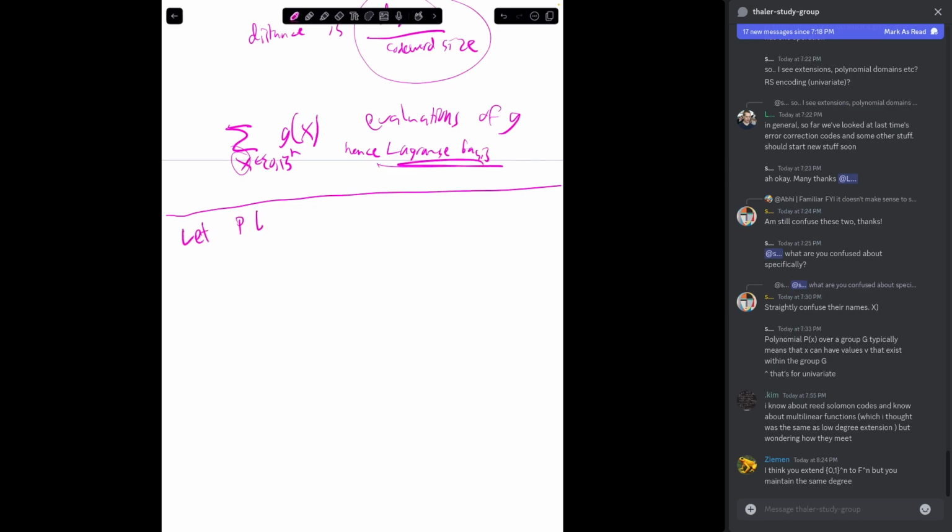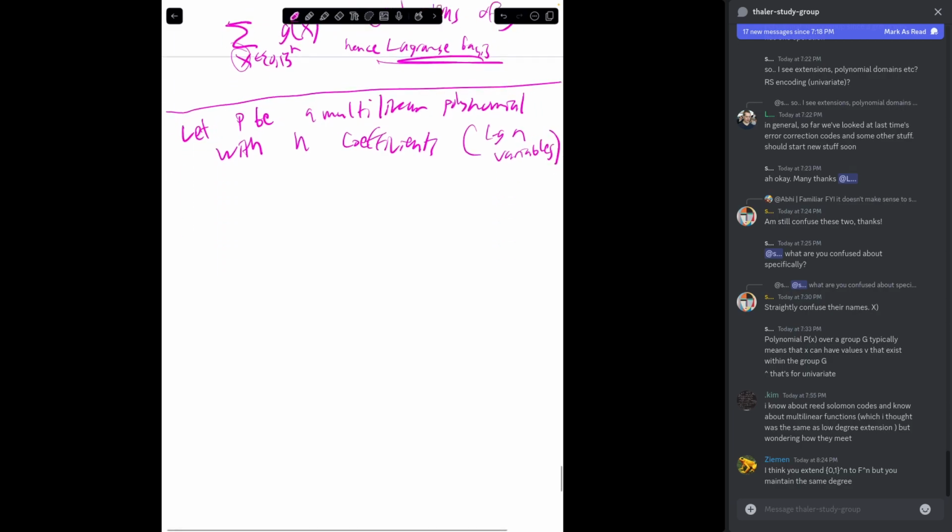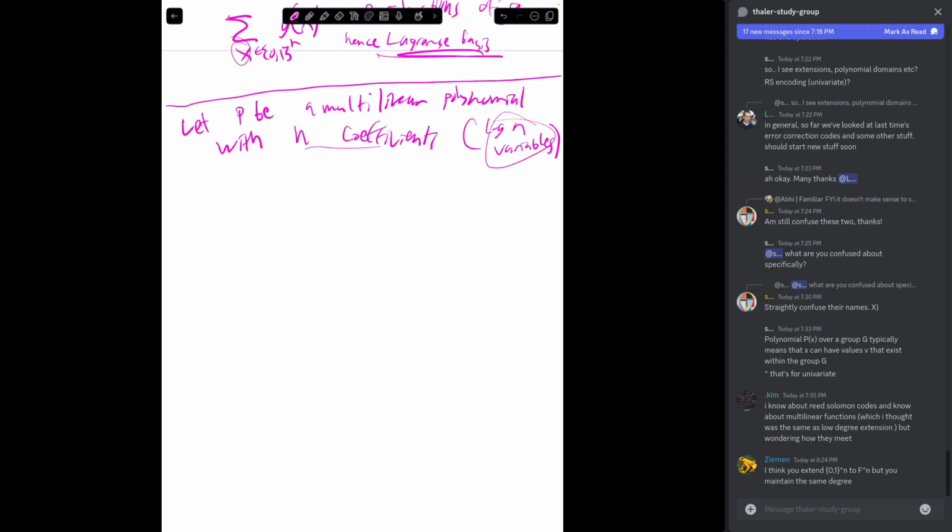So let P be a multilinear polynomial, let's say with n coefficients. That means log n variables. We'll talk next week about all of this, why log n variables means n coefficients and so forth.